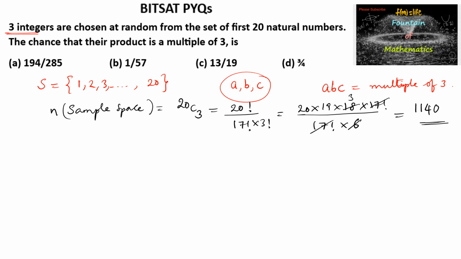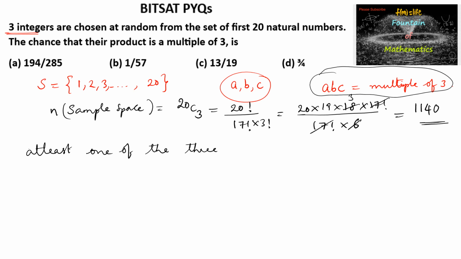And now, to get a multiple of 3 from the product, at least one of the three integers must be a multiple of 3.